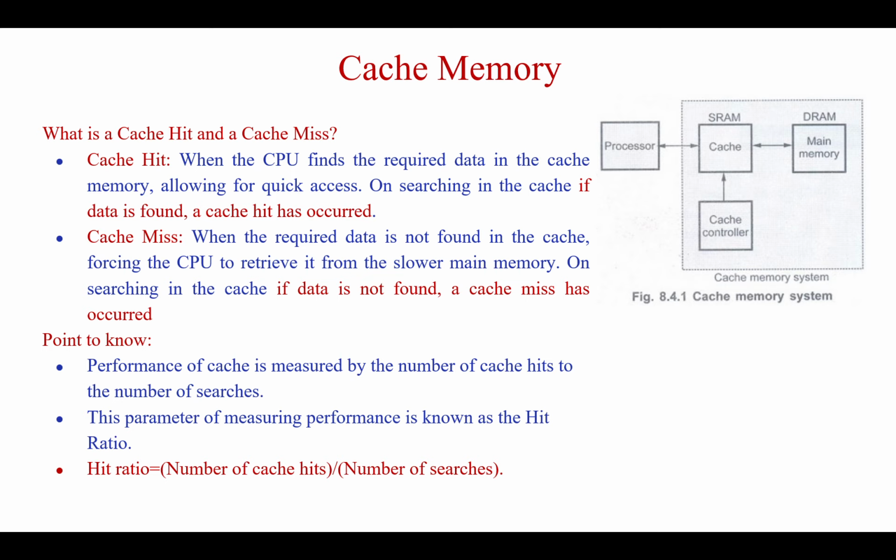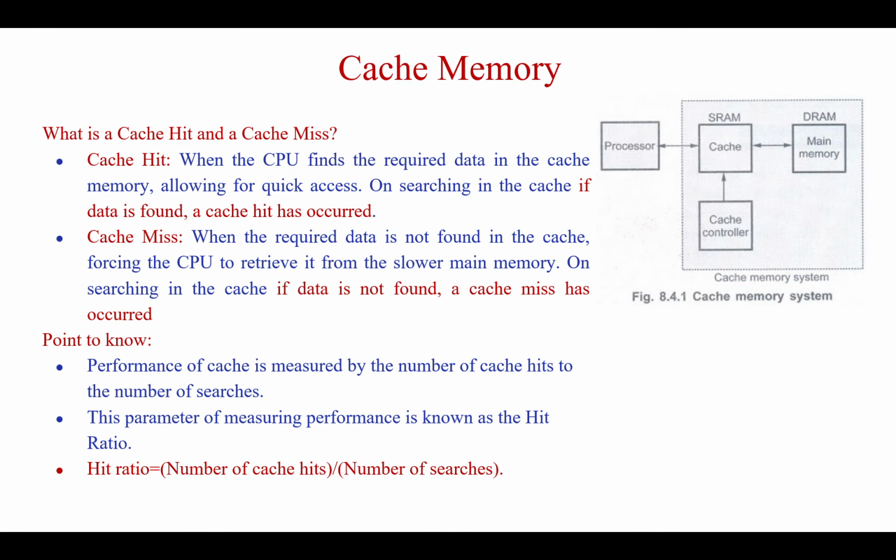Next, as I told you in the previous slide, we are going to talk about the two terms hit and miss. When the CPU needs some data, it checks whether it is available in the cache memory or not. If the data is found in the cache memory, then there is a hit. If the data is not found in the cache memory, then there is a miss.